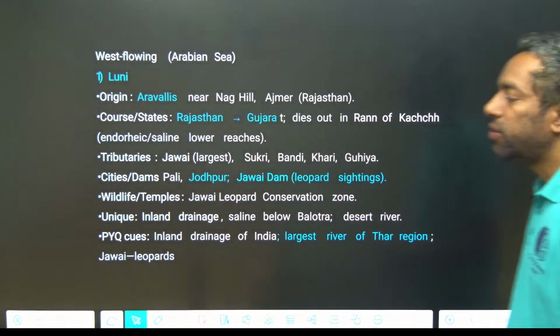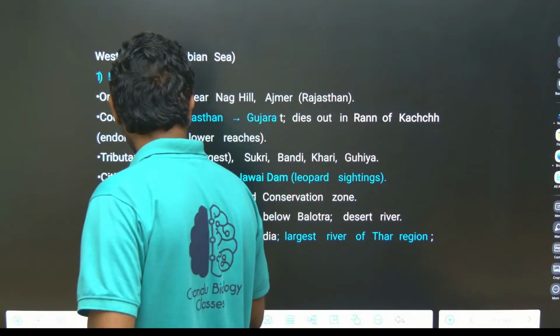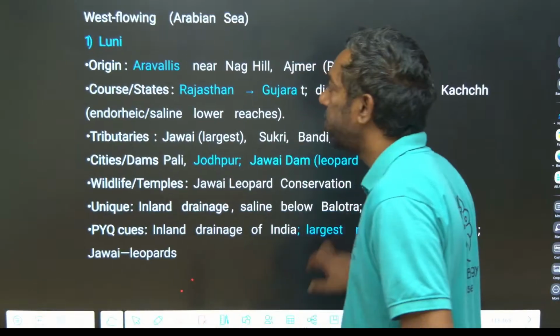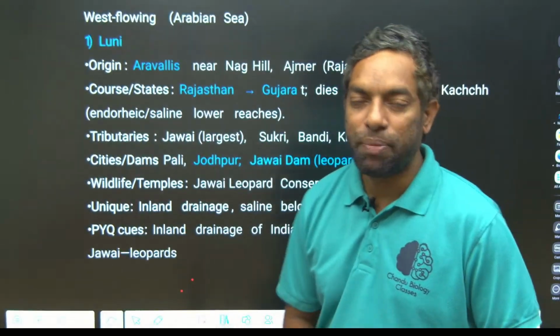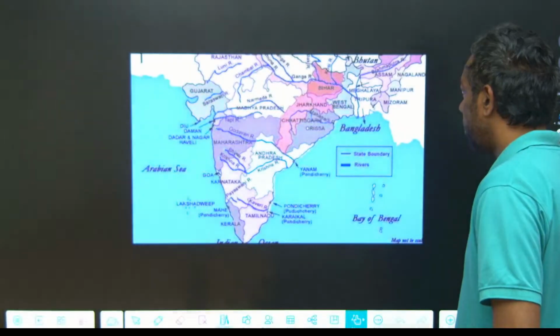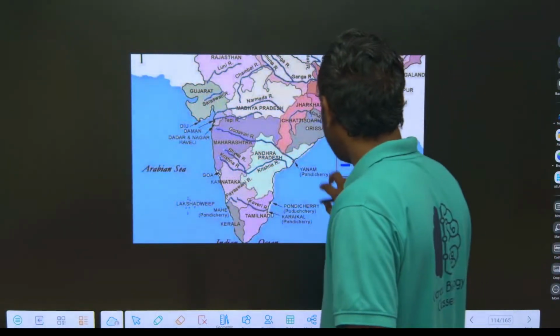In the peninsular river system, the rivers can flow east or west. Just a minute, I'm going to share the India map.